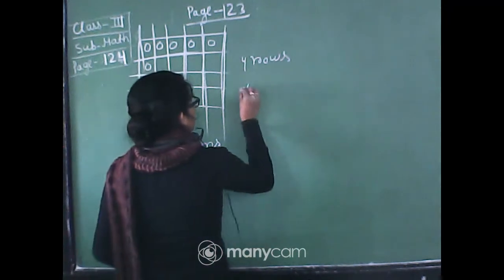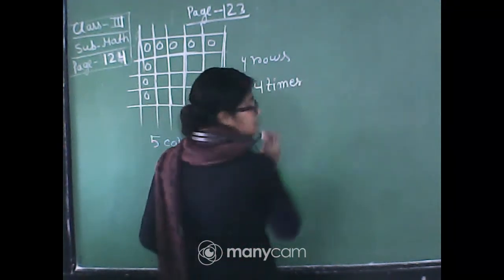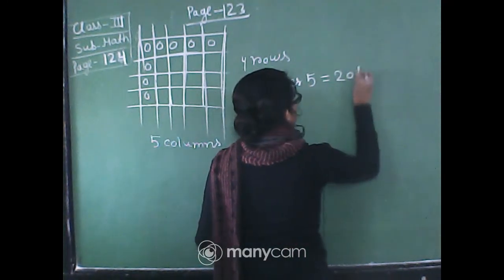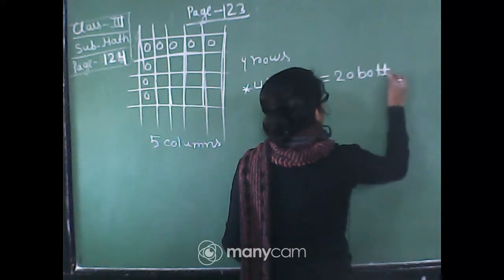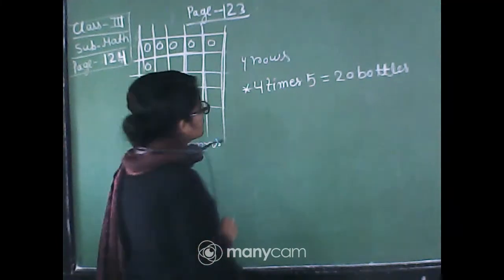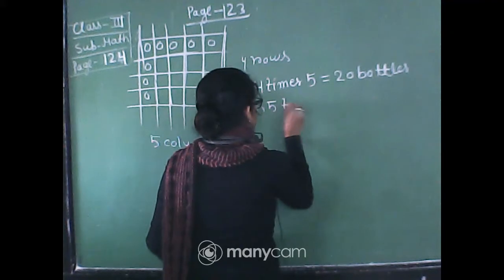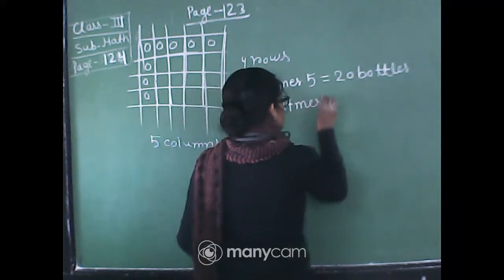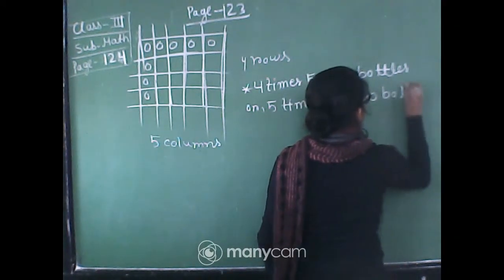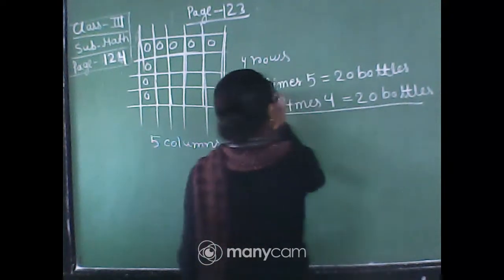Okay, you can write down 4 times 5 equal to 20 bottles. Or you can write, if you think as column wise, 5 times 4. As we all know, it makes the same answer, isn't it? So write down inside your book.